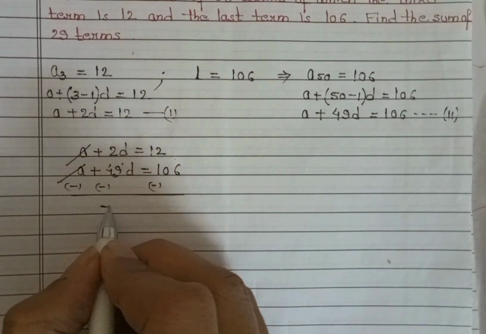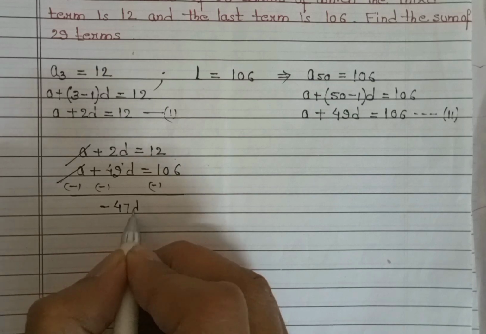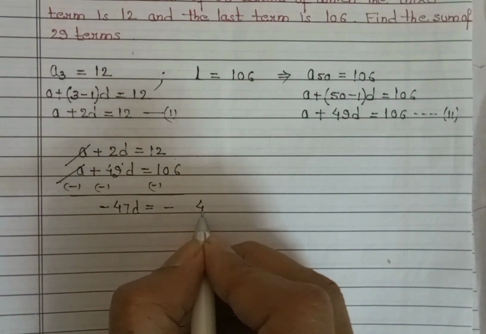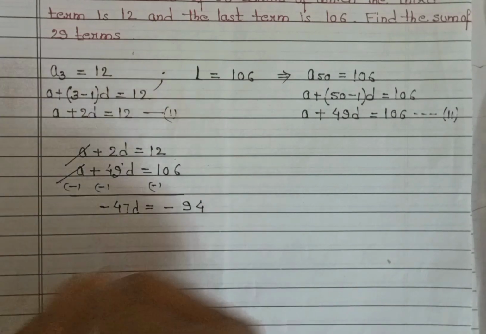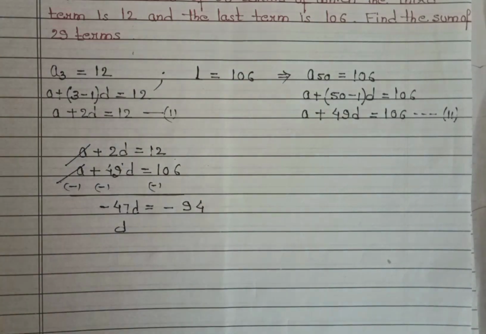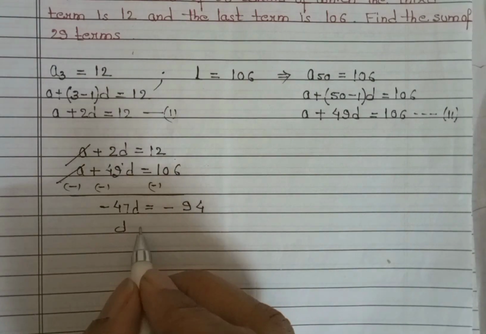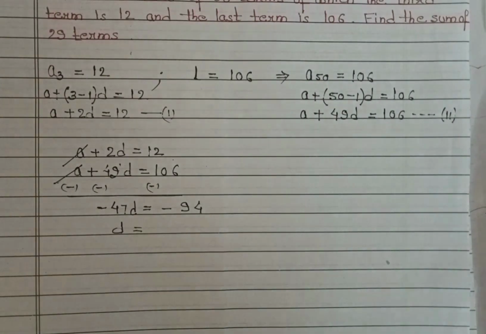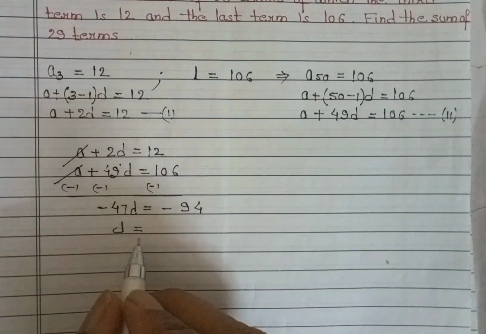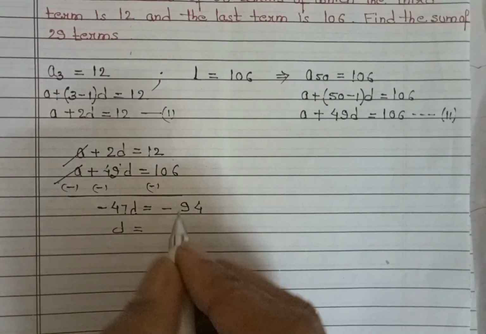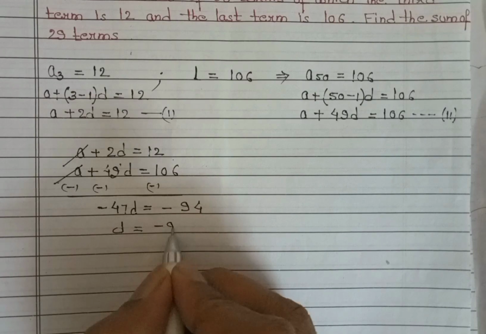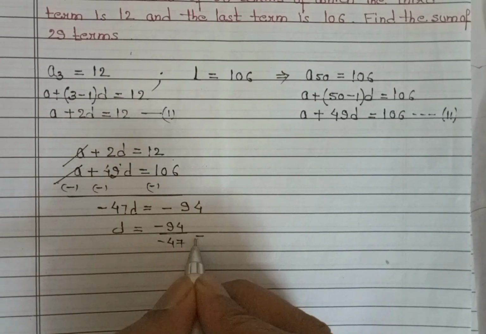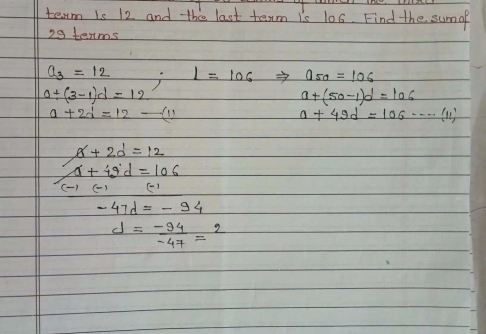So we are getting minus 47d is equal to minus 94. So solving it, we get d is equal to 2.